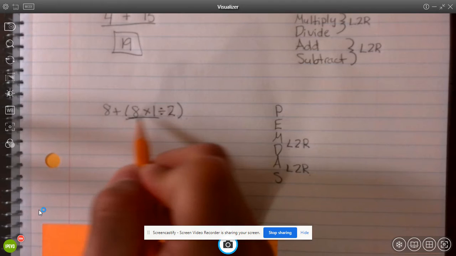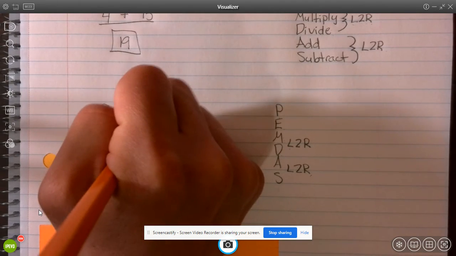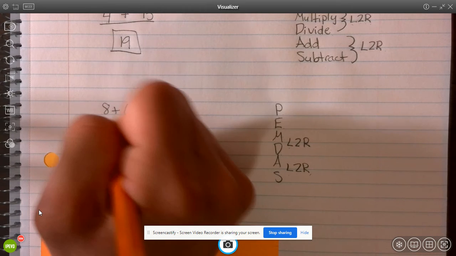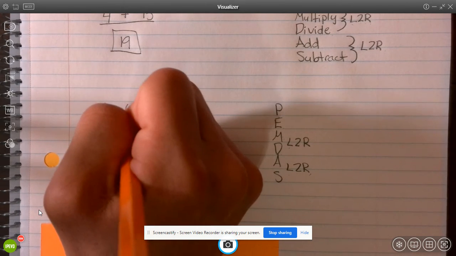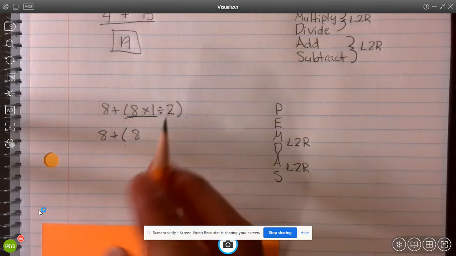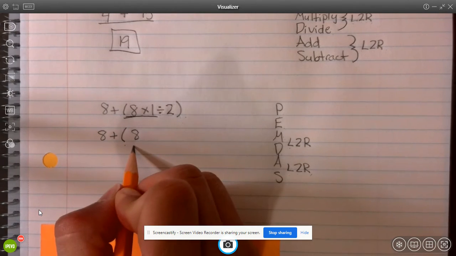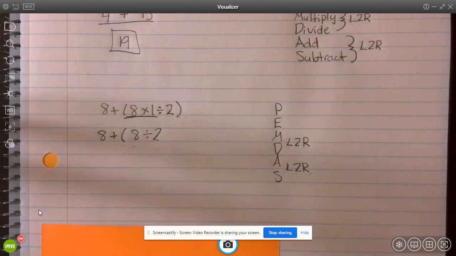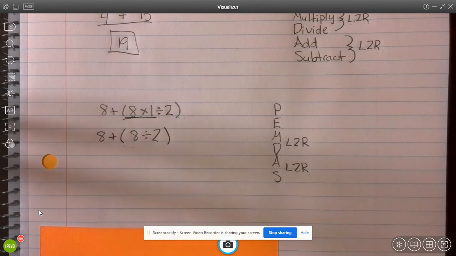What is 8 times 1? 8. Then I'm going to bring the rest of my problem down. 8 plus my parentheses. Don't forget to bring your parentheses sign down. And then I did 8 times 1, which is 8. Bring down your division sign. Divided by 2, close parentheses.